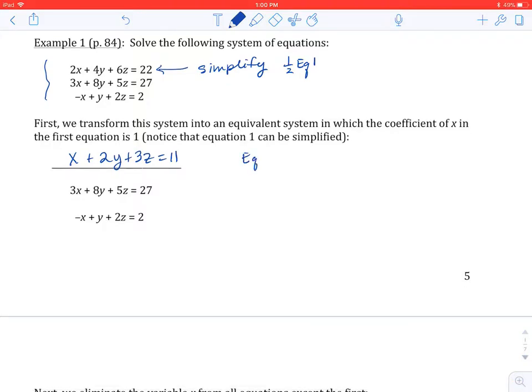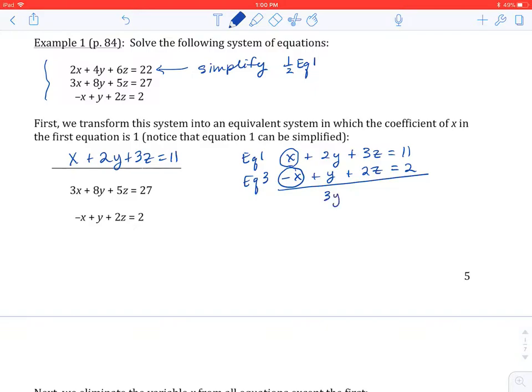Now we want to continue to simplify this. If we wrote down equation 1, which is x plus 2y plus 3z equals 11, and equation 3 right below it, negative x plus y plus 2z equals 2, you'll notice the x terms are equal and opposite. If I were to add those equations together, the x would be eliminated, and I would have 3y plus 5z equals 13.